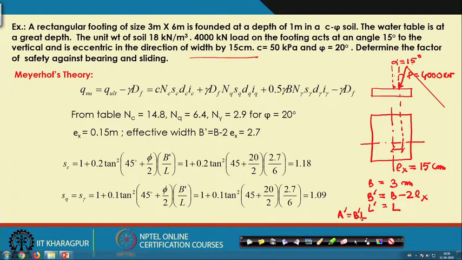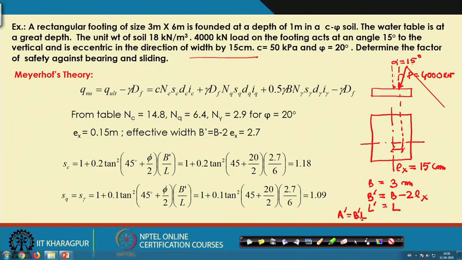Now I am using the available theories. I have discussed a total of 6 theories: first the Terzaghi theory, then Skempton, then Meyerhof, Hansen, Vesic and the IS code. Among these 6 theories, the Skempton theory is only applicable for the phi equal to 0 condition, but here phi is there, so we cannot use that theory here.